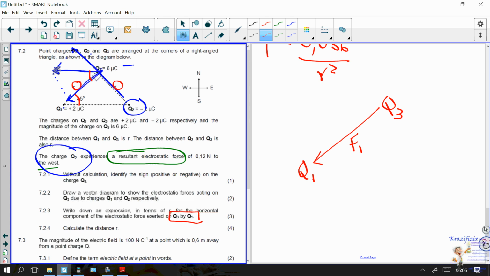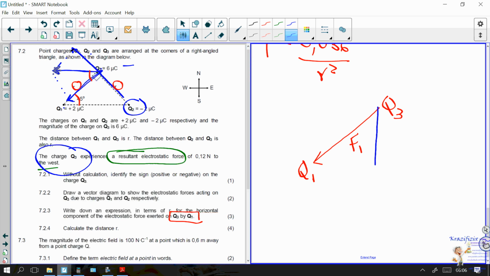Now we're looking for the horizontal component. Let's check something here. Here's my force. Let me use a blue ink here. This is now my vertical component, F1Y. And this is my horizontal component, which is what?